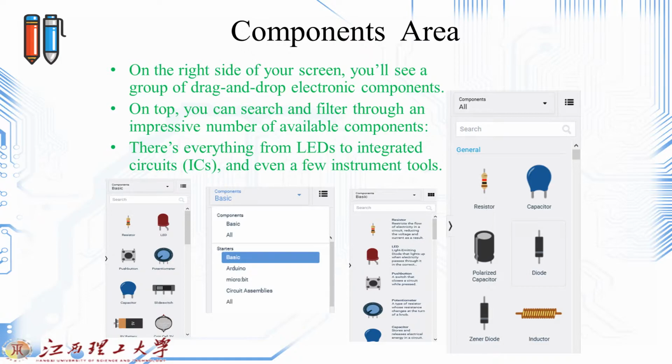On top, you can search and filter through an impressive number of available components, and there is everything from LEDs to integrated circuits, ICs, and even a few instrument tools you can find. There is one tab that, if you select it, will show you the component with some description, maybe some principles of them, and the names of these components will help you to have more detail about this concept.